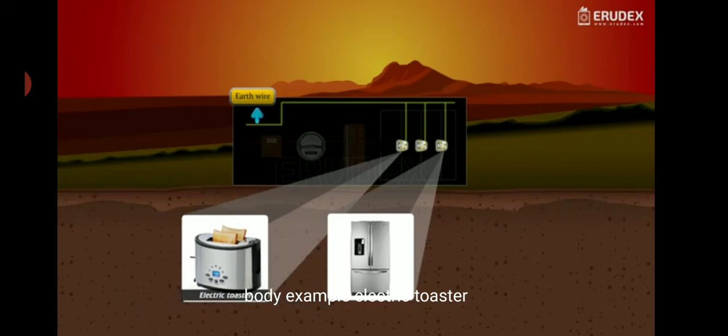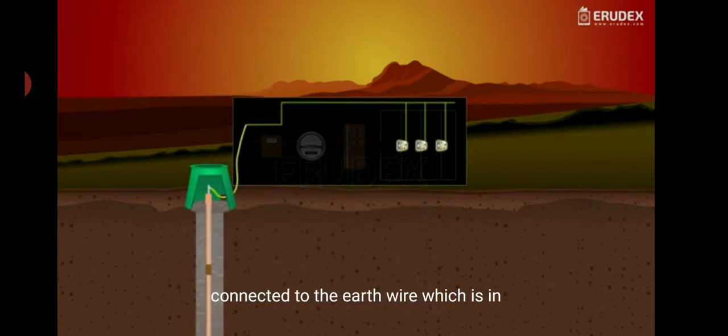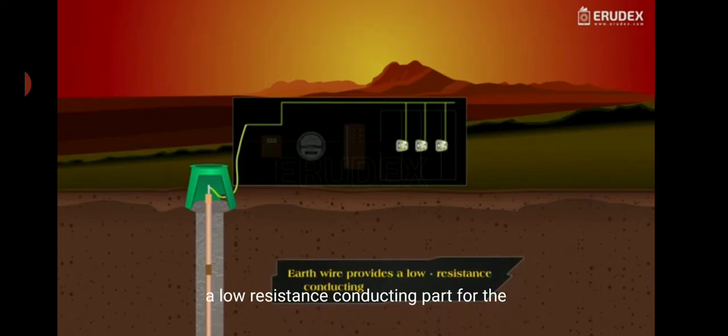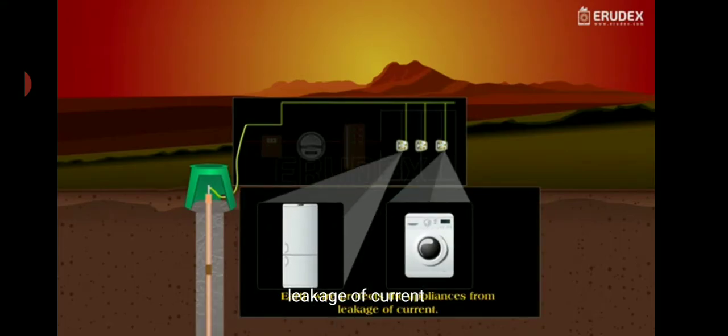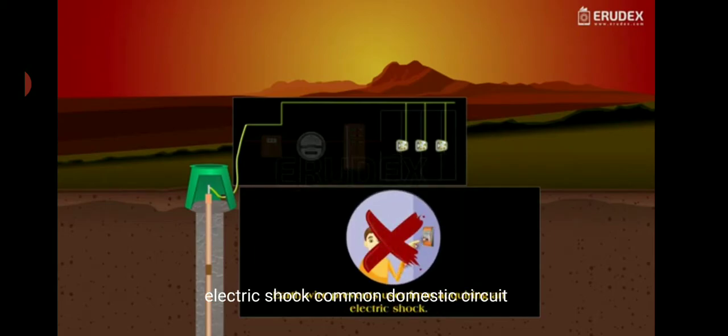This is used as a safety measure, especially for appliances that have a metallic body, for example electric press, toaster, table fan, refrigerator, etc. The metallic body is connected to the earth wire, which provides a low resistance conducting path for the current. Thus it ensures that any leakage of current to the metallic body of the appliances is safely discharged.